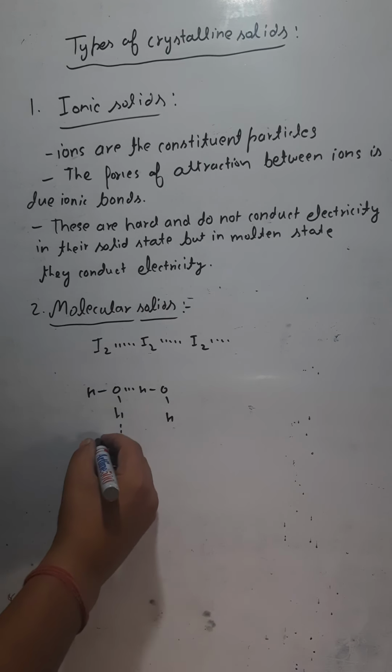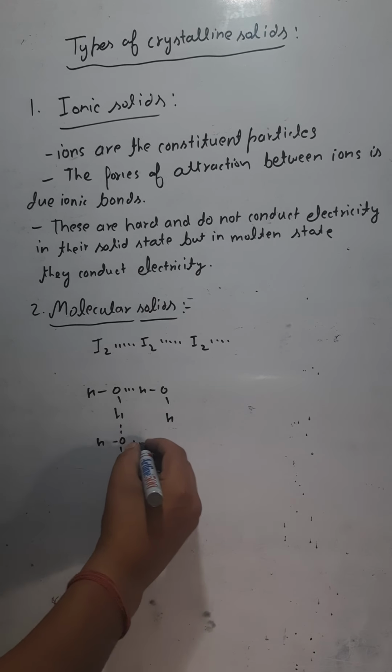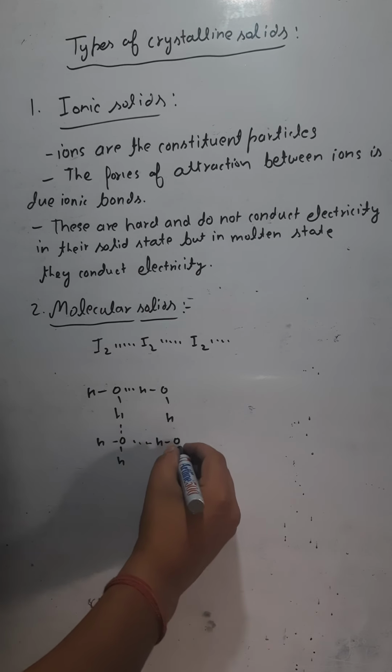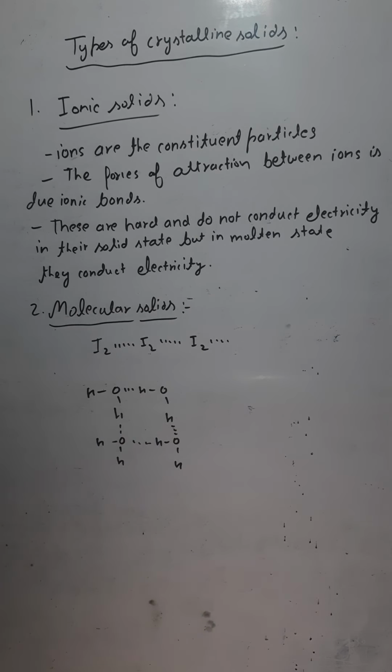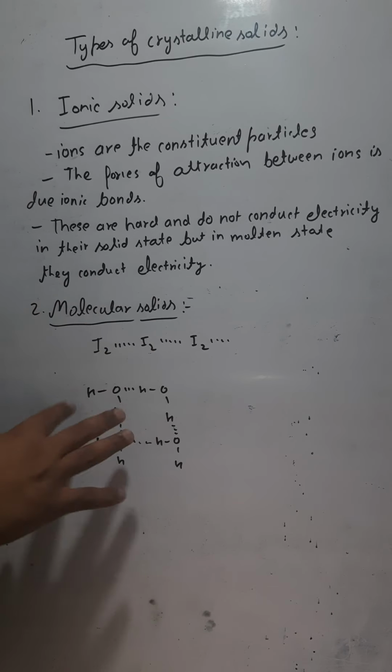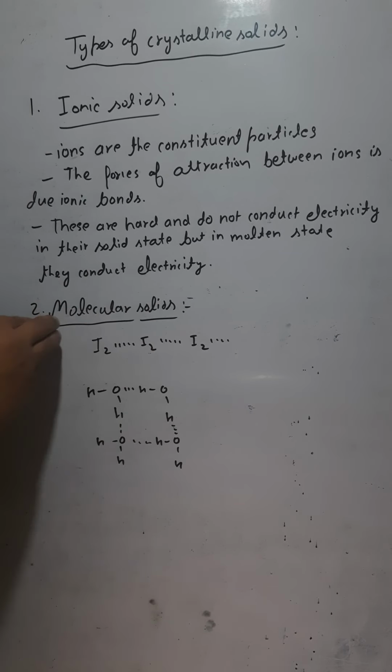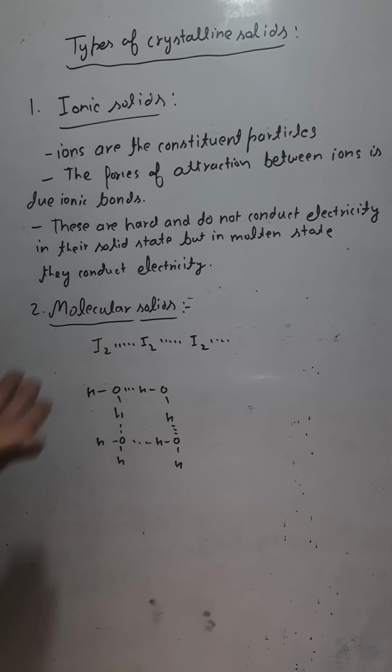So they are also an example of molecular solids. This is the kind of structure they are making. Here the constituent particles are molecules, because they are made up of molecules. That is why they are molecular solids.